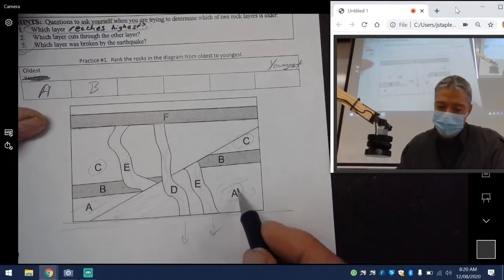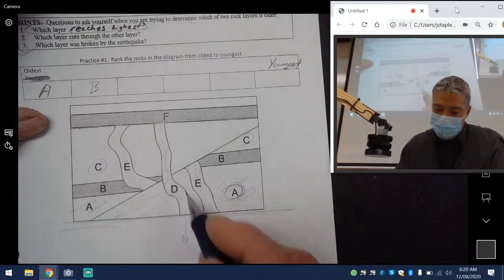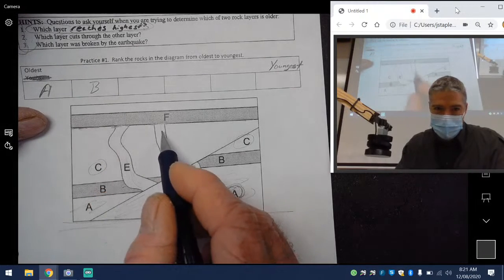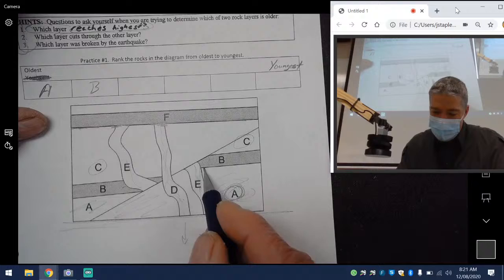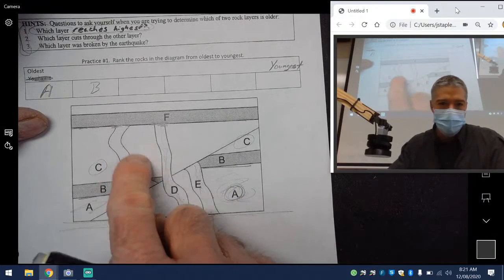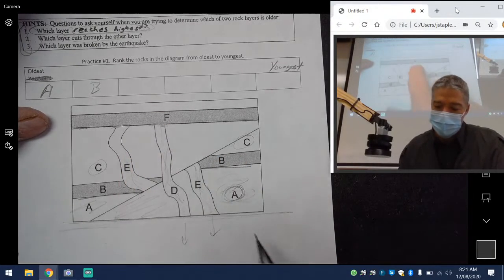If I'm comparing A to E and to D, E reaches all the way up to here, D reaches all the way up to there, and A only gets to here. So these two are younger than this because this doesn't reach as high as those do.